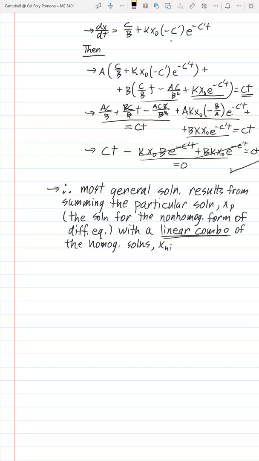x h i. And so we can write that mathematically. x is equal to x p plus k1 times x h1 plus k2 times x h2 plus all the way on out to plus kn x hn.